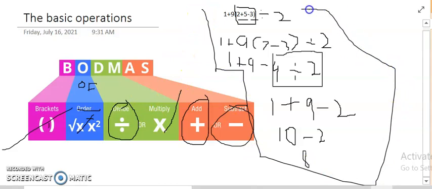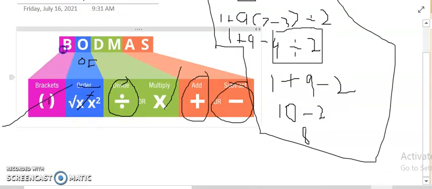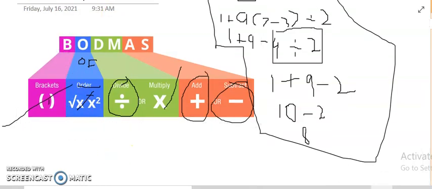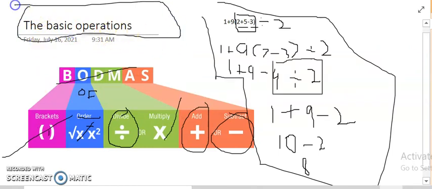And then I'll explain of, because for me it's quite hard to explain, so I don't want to explain now. I just want you guys to understand basically the whole subject, BODMAS, and the whole subject about our basic operations in mathematics.